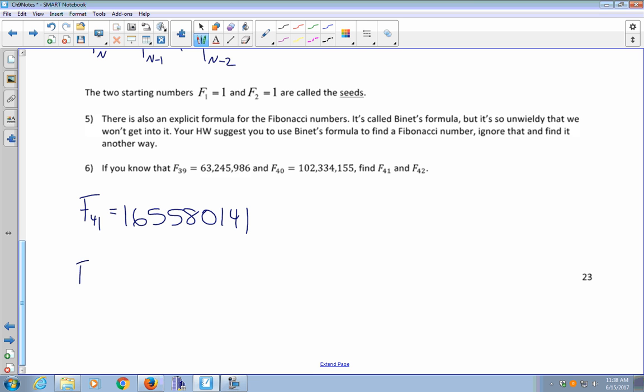And F42 is F41 plus F40, the two numbers right before it. So I'll take this number that I just wrote down and I'm going to add F40 to it. So plus 102,334,155. And I get 267,914,296.